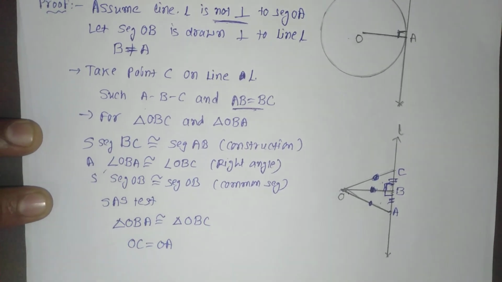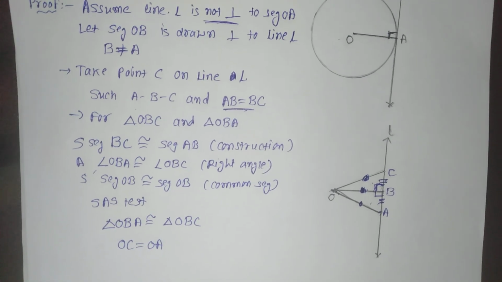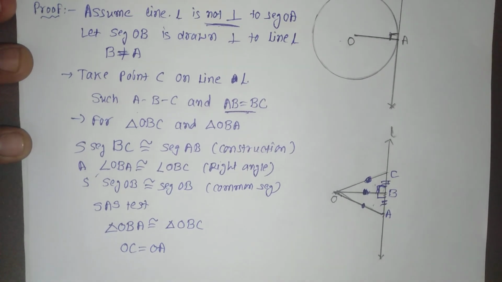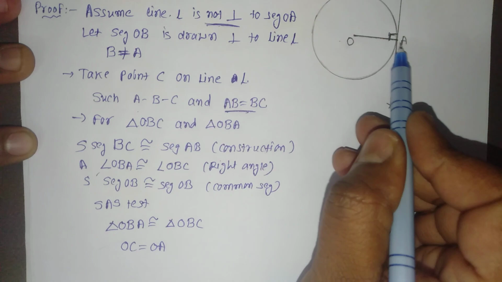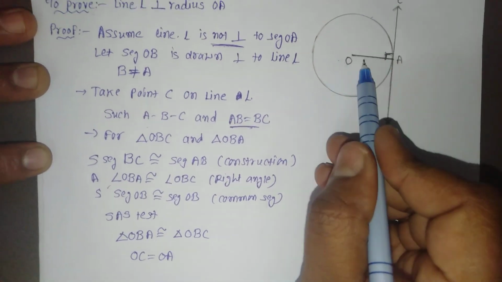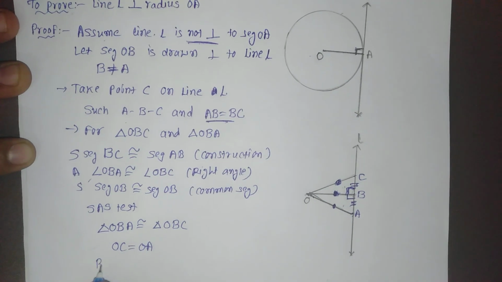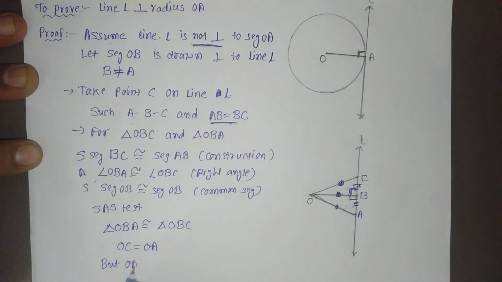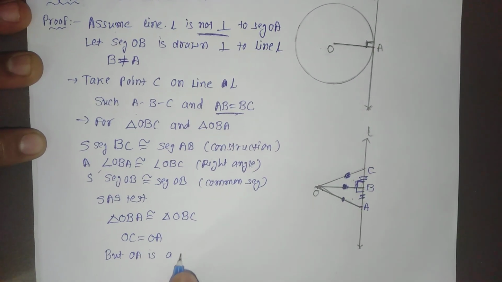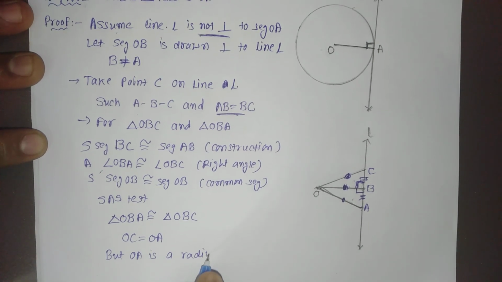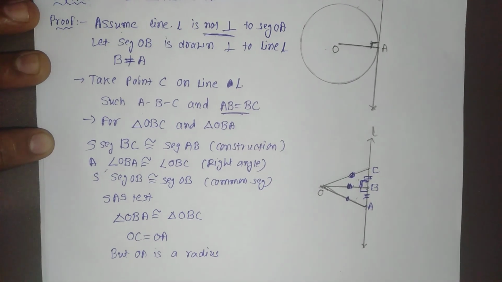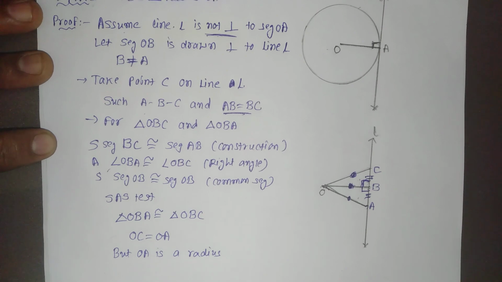Now we have proved that OC is equal to OA. But segment OA is a radius. We say that OA is a radius, which is not perpendicular as we have assumed here. But OA is a radius, so segment OC must also be a radius. Why is it so?